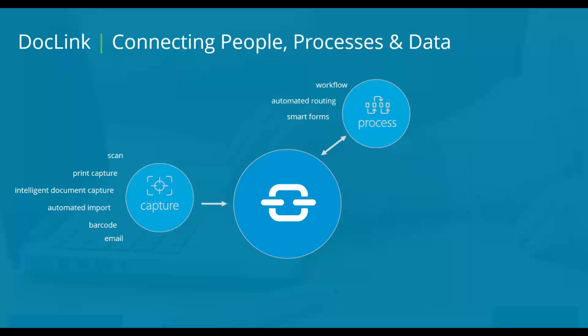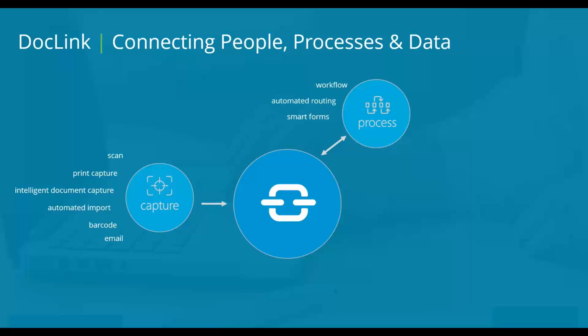Whatever the document type might be, we can put those documents into an approval workflow in DocLink, route them to the appropriate people, get their approval or get their denial with notes, and continue to process that document, continue to process the information that is on it.